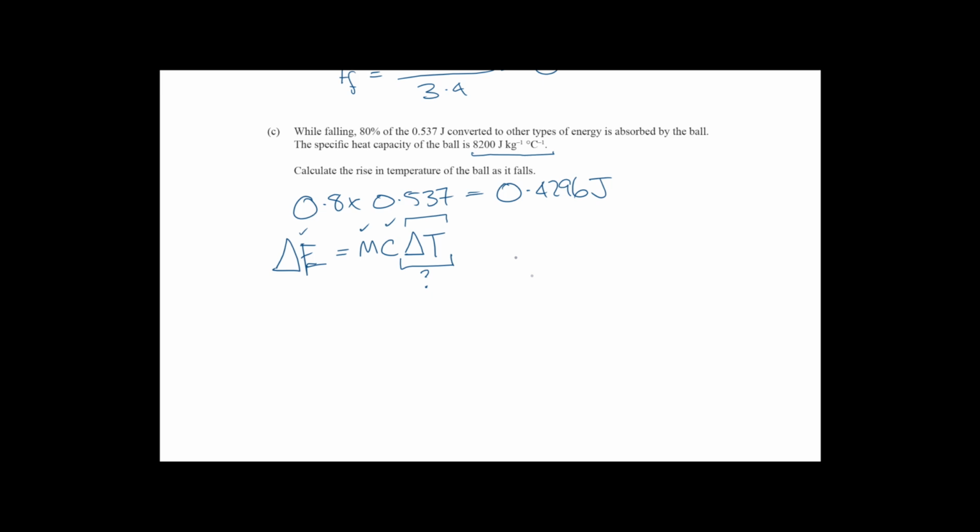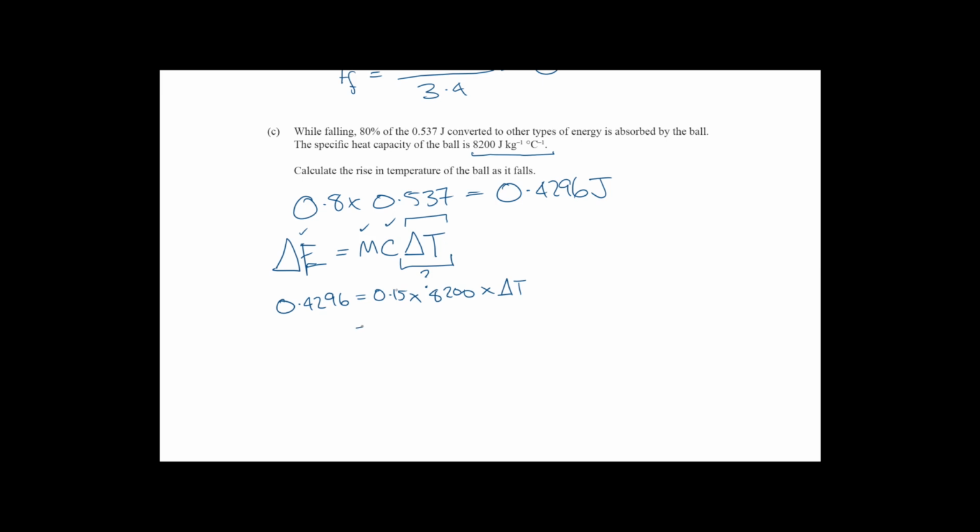So now it's no longer a physics problem, it's an algebra problem. So 0.4296 is going to be equal to 0.15 times this 8,200 number times the change in temperature. We want to solve for change in temperature. So let's multiply these two terms first.